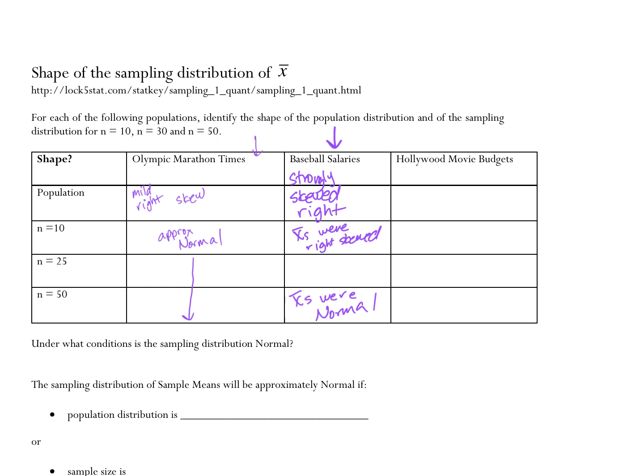How would you describe the population for the Hollywood movie budgets? Right skewed? I agree. All right. And again, let's take a sample of 10.